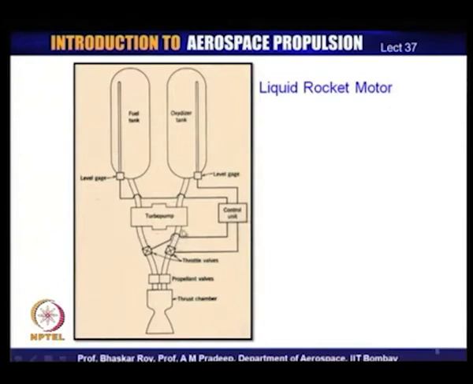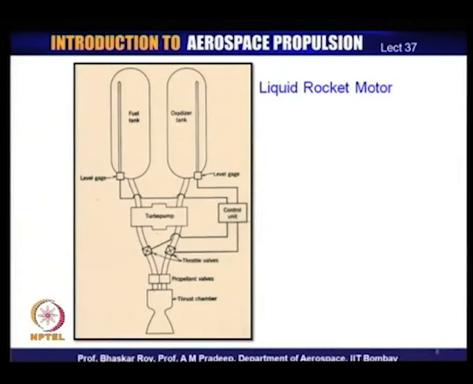Now, the tanks normally house the fuels in liquid form. If they are, let us say, liquid oxygen or liquid hydrogen, they are likely to be at very low temperature and at very high pressure. So, the tanks need to be built very strongly to house them, and as a result the weight that a liquid rocket would have is normally quite high.